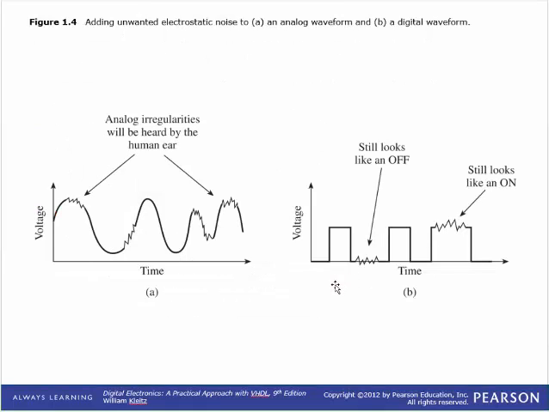One of the other advantages of a digital waveform is what I used to call in the industry its noise suppression properties. If I have an analog signal here and there's some kind of noise, the noise is the squiggly lines shown here. So there can be noise riding on my analog signal. In an audio signal, that could be static, for example, on top of the audio signal. But if you've converted this signal to a digital signal, the noise might be there somewhere in the signal, but this still looks like a 0 and this still looks like a 1.